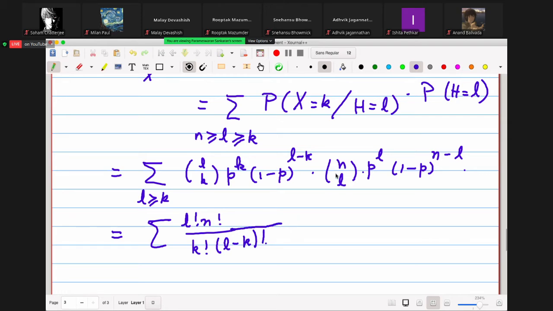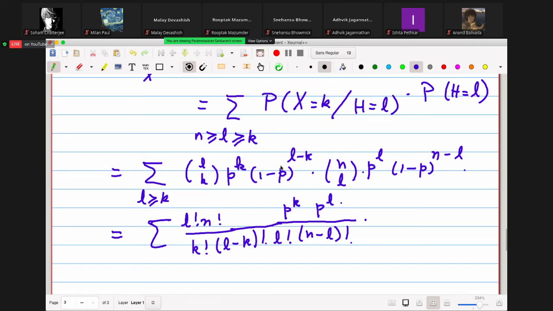And then here I will have an L factorial and an (n minus L) factorial. And p power k, just keep it as it is, p power k and p power L.